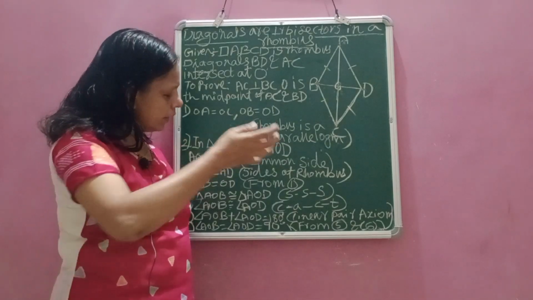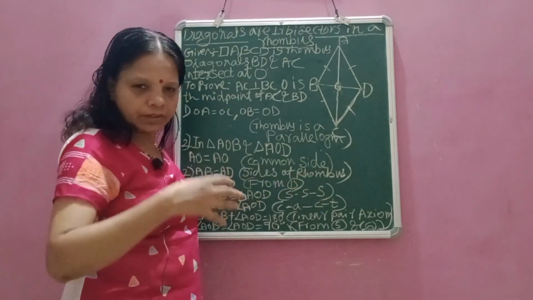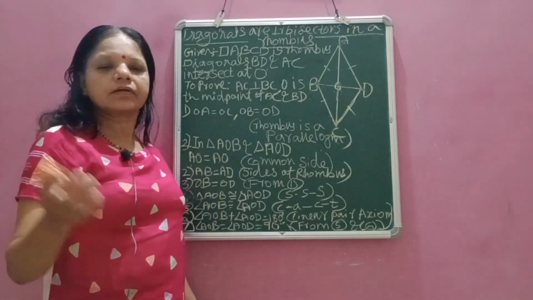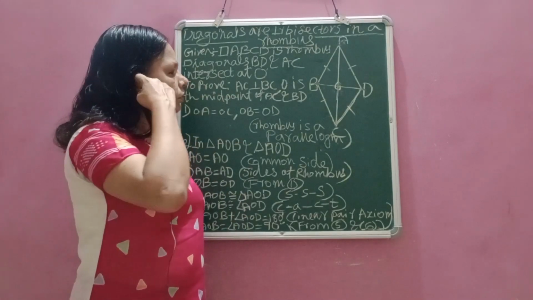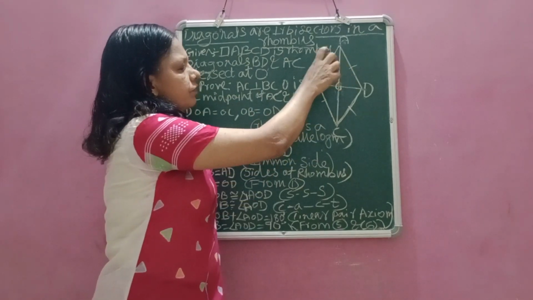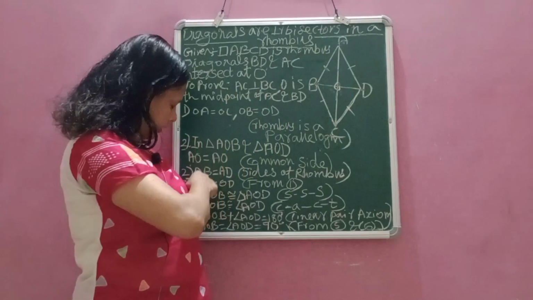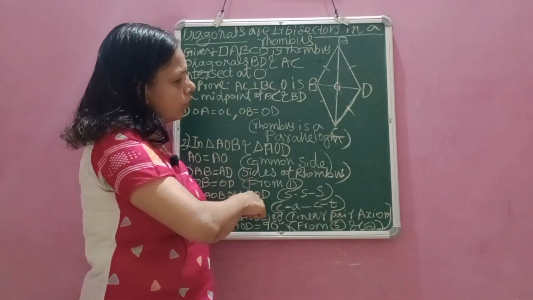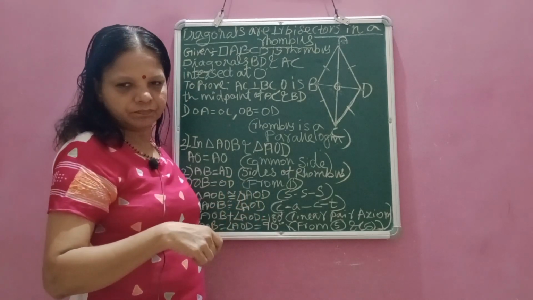Or simply you can write rhombus is a parallelogram. This is a property of parallelogram. So, by which test are the triangles congruent? Side, side, side. Therefore, triangle AOB congruent to triangle AOD by SSS test.